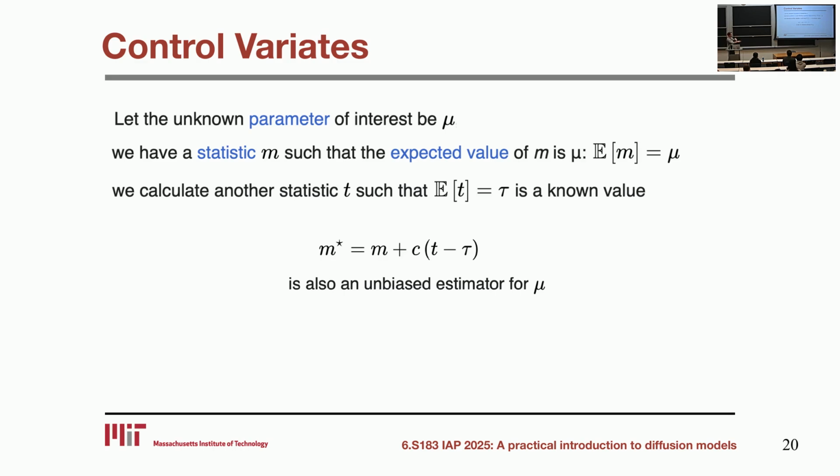Mu is not going to change because this is on average going to be 0. But because T correlates with M, you can choose C with this magical formula, which is something like covariance over variance, whatever.